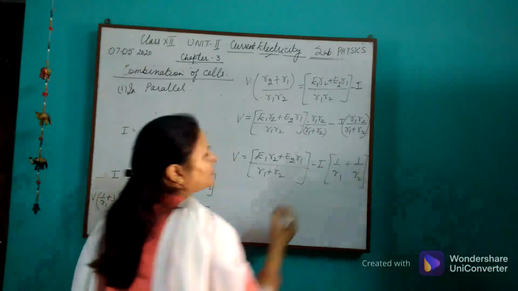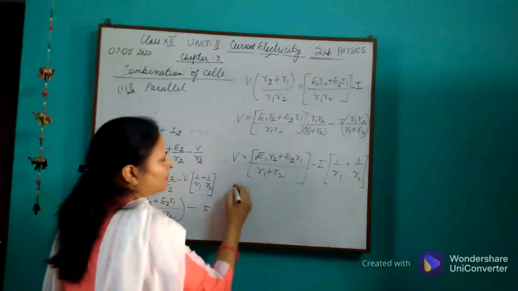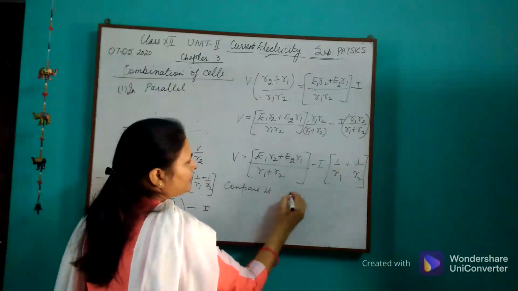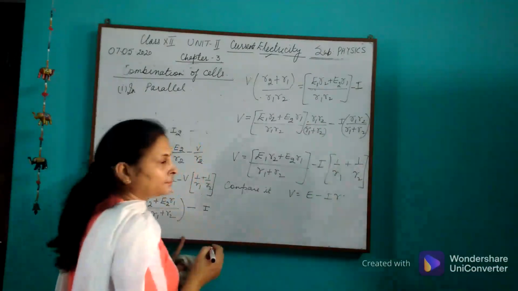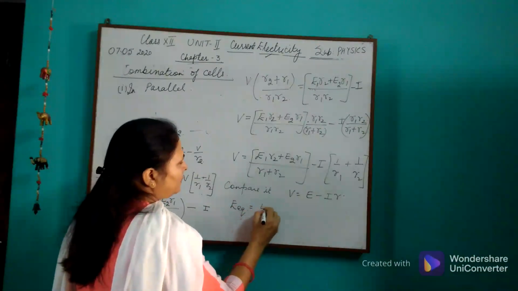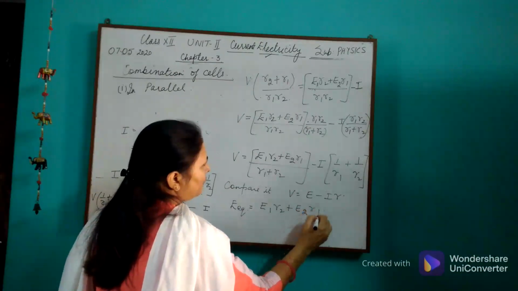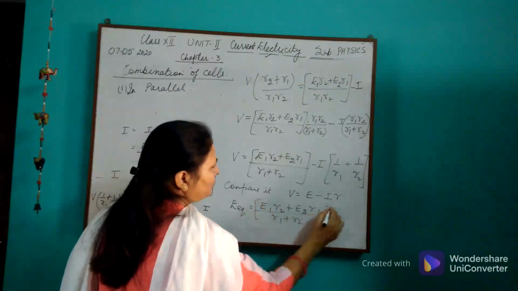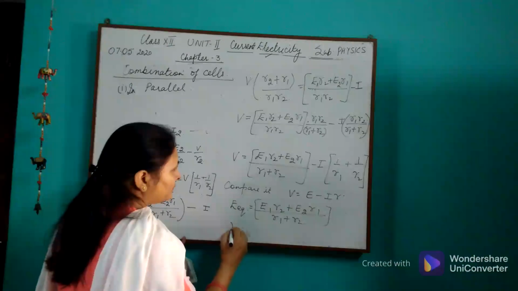This can also be written like this. And now we compare it with the standard equation, V is equal to E minus IR. So E equivalent will be equal to E1 R2 plus E2 R1 upon R1 plus R2. And what will be R equivalent?